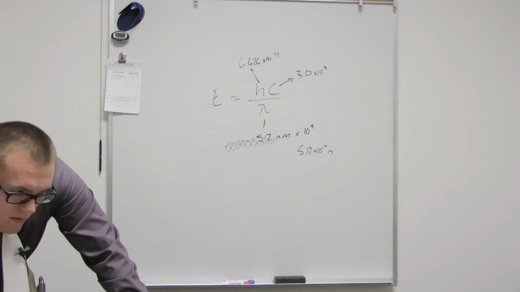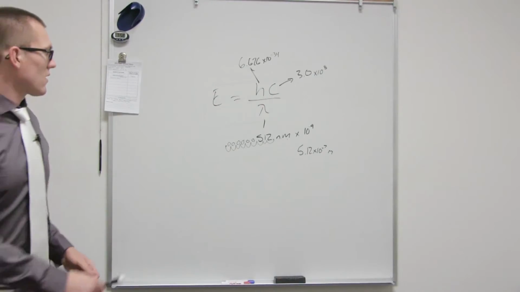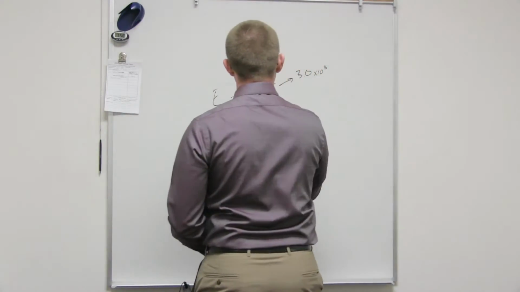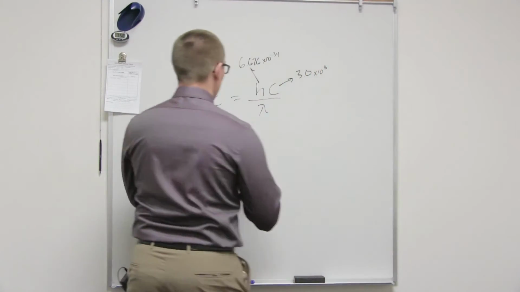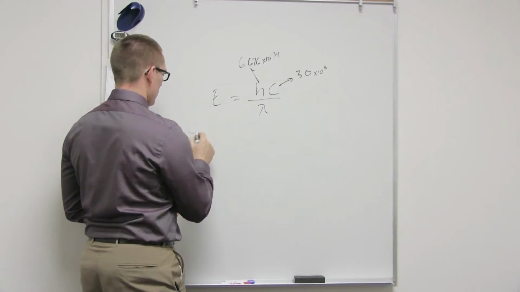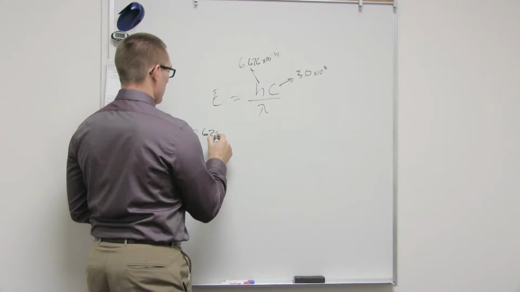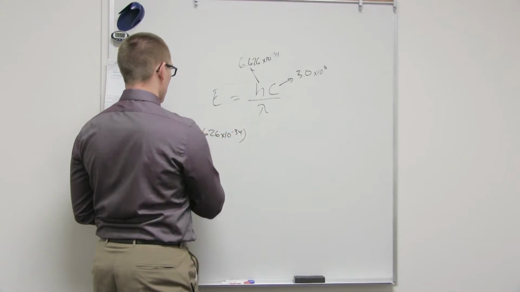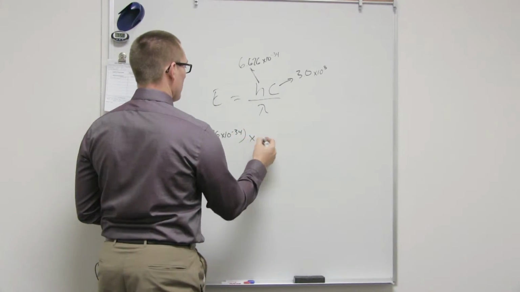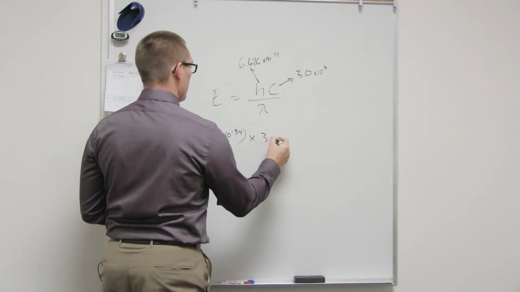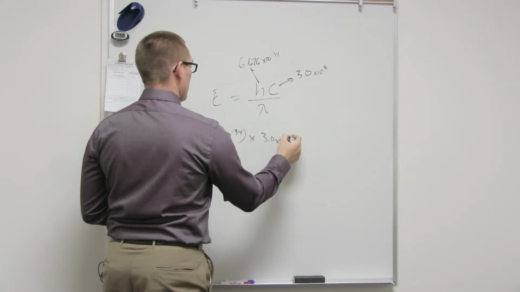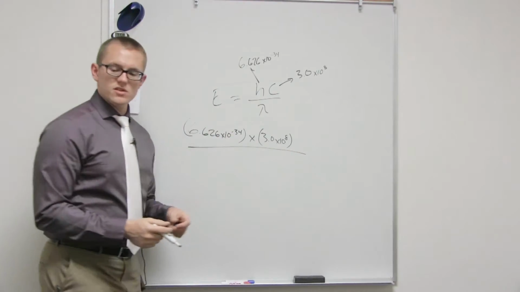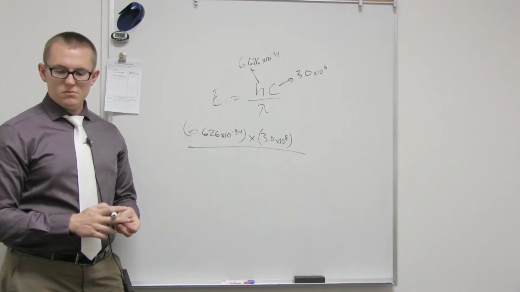So all I took was Planck's constant times speed of light, and then I divided it by... With that calculator, if you don't put things in parentheses, it will mess you up.